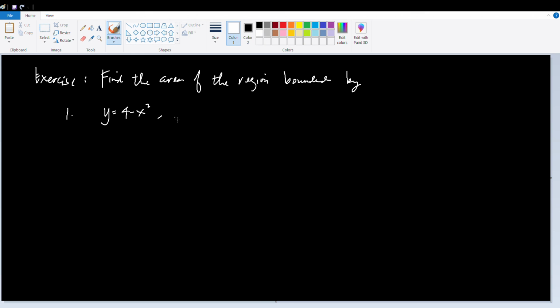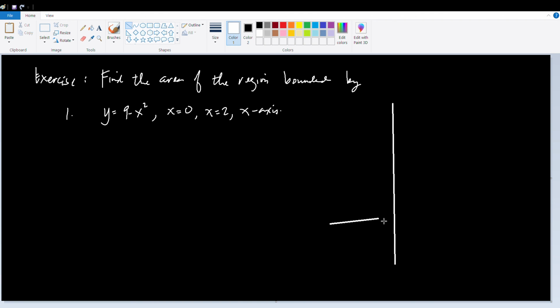The parabola opening downward. Let me change this, let me make it 9 minus x squared. Then the boundaries x equal to 0, that is the y-axis, x equal to 2, and the x-axis. Alright, so you can make a sketch of that.